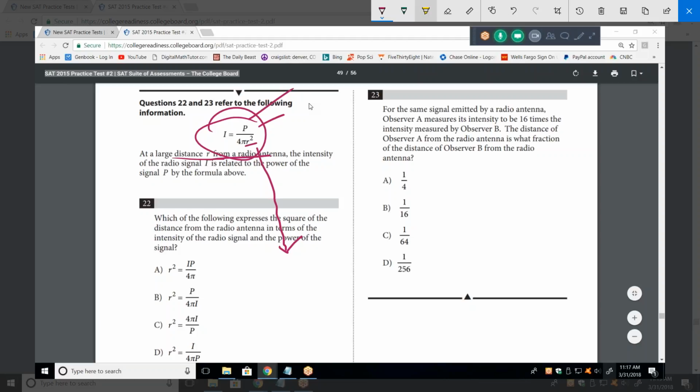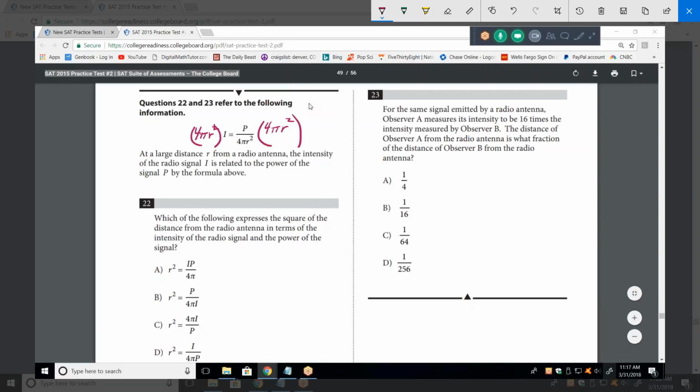In other words, here's what I'm going to do. Let me draw it on the larger equation. I am going to multiply the right side by 4 pi r squared. That is multiplying the right side by the entire denominator. And the only reason I can do that is because I can multiply the left side also by that exact thing.